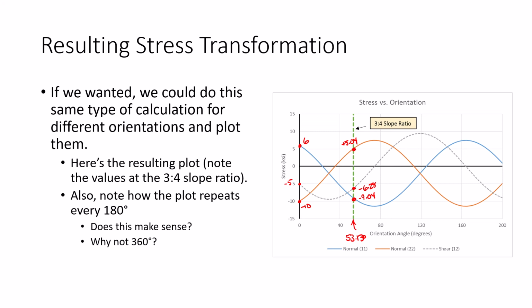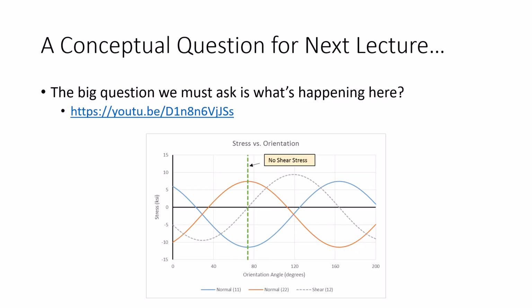So, now here's the thing to wrap your head around. We as designers are interested in what? Worst case scenarios, maximum stresses. So, what's interesting is what's going on right here. So let's look at that line. That's kind of an interesting line because we have maximum normal stresses.